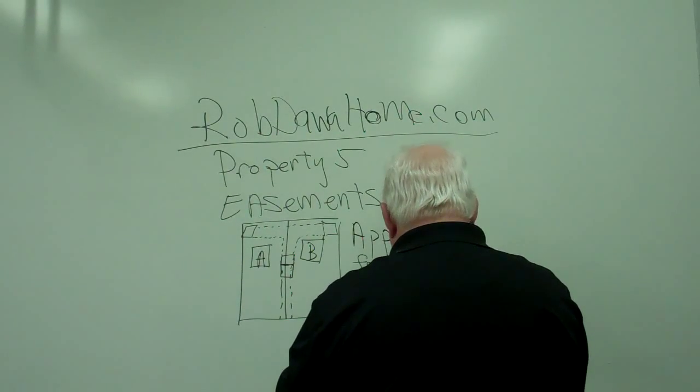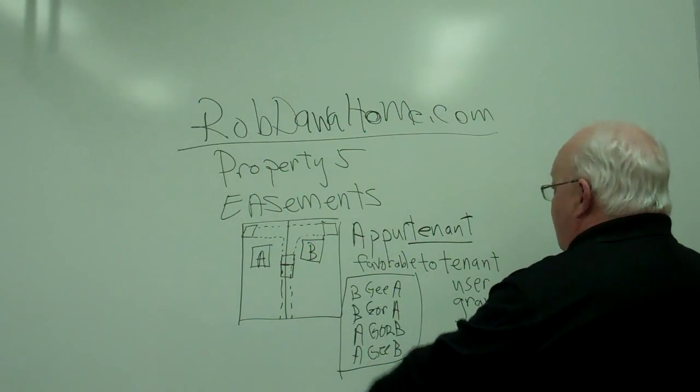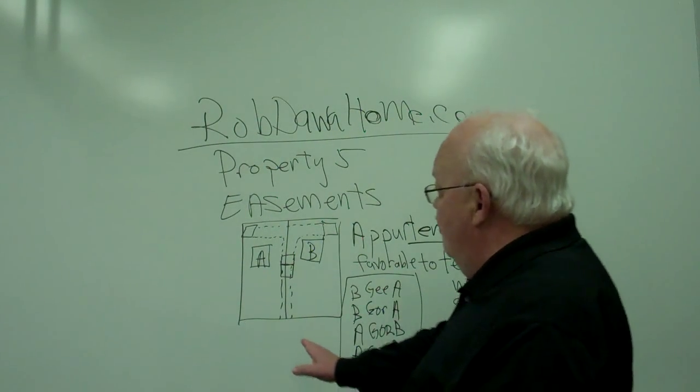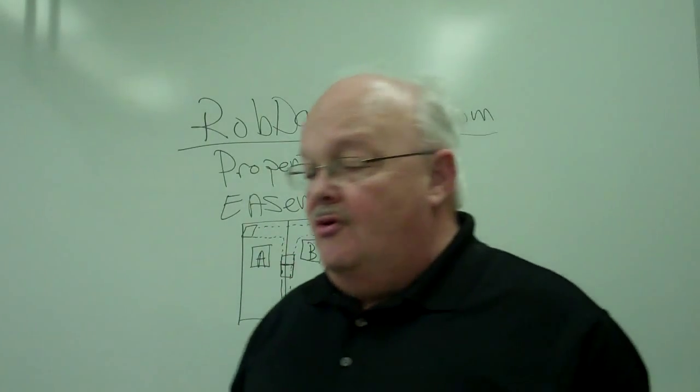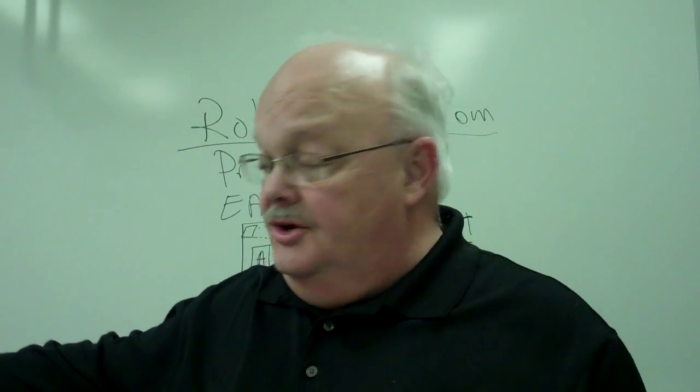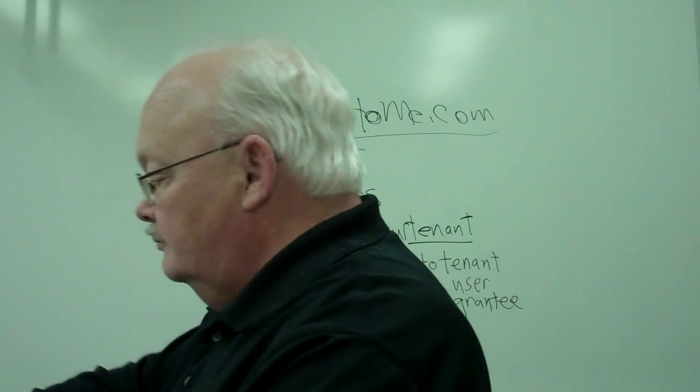So in other words, we've got a grantor and a grantee because they gave each other a joint easement where they can each go up and down here and drive, and it is kind of a necessity because they're not going to get to their garage any other way.